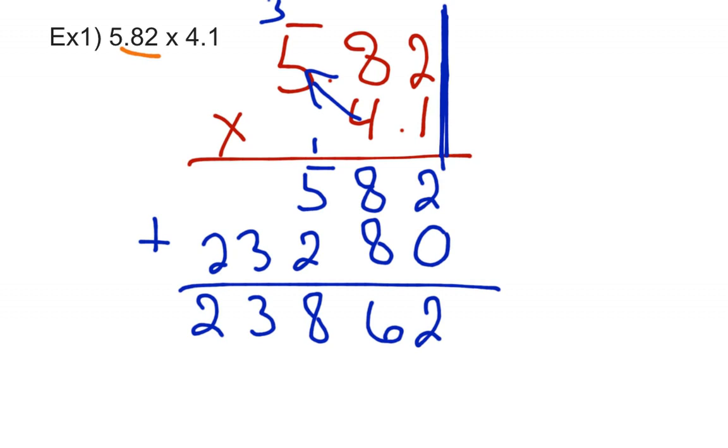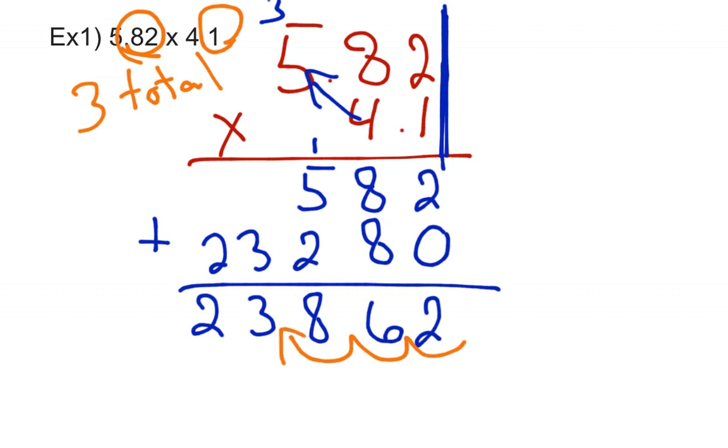Because there are 2 decimal places there, okay, and then on the 4.1, that's another 1 decimal place, that gives me a total of 3 total decimal places. So in my answer, there has to be 3 decimal places. So that means starting from the right, I move over, 1, 2, 3 places here, and then that's where my decimal is going to go.